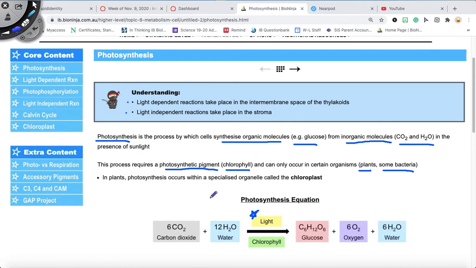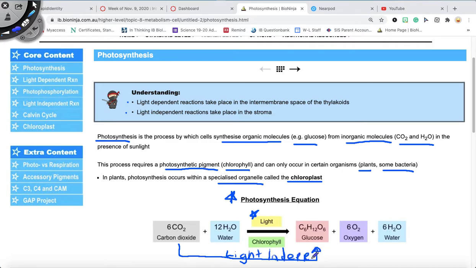So what happens in this specialized organelle called the chloroplast? Well, this photosynthetic equation happens there. And I always like to do this to kind of simplify the process. I say that when carbon dioxide, through various metabolic reactions, is eventually fixed or converted into glucose, I call that the light independent reaction.